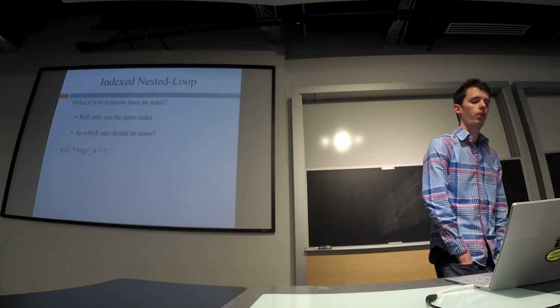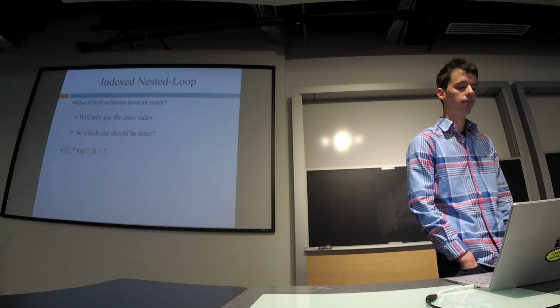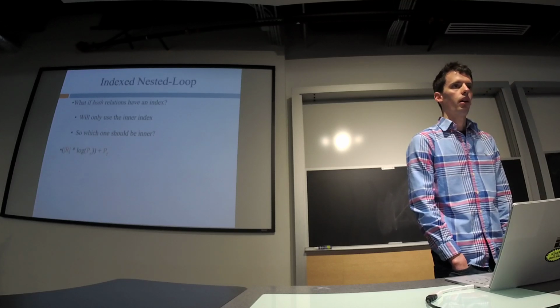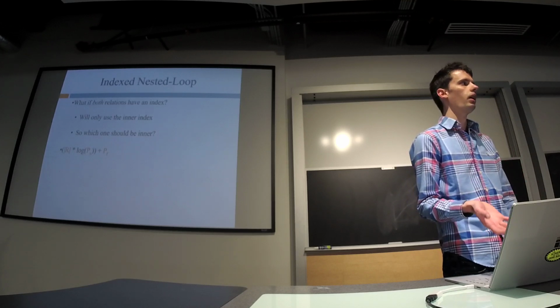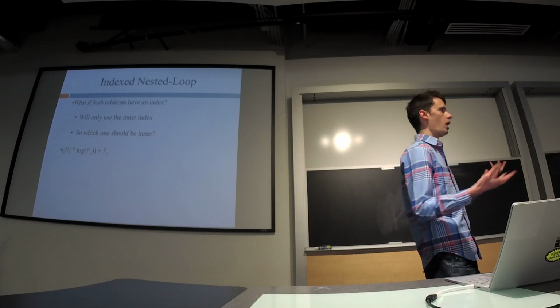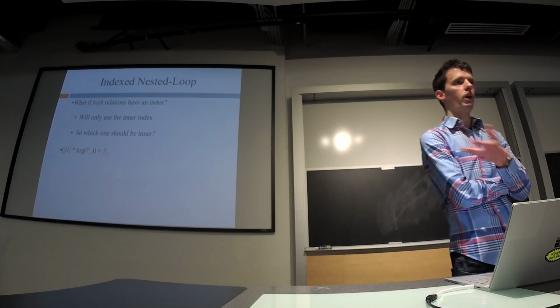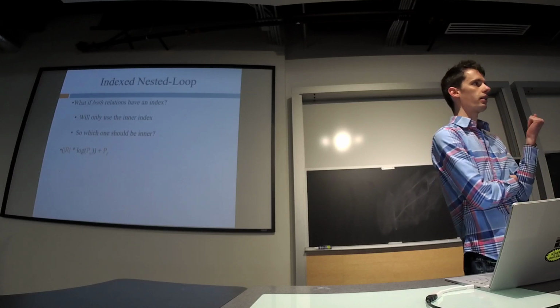Okay, what if both relations have an index? We're only going to use the index on the inner relation. Whichever one becomes S, we're going to use that index. We cannot use the R index.